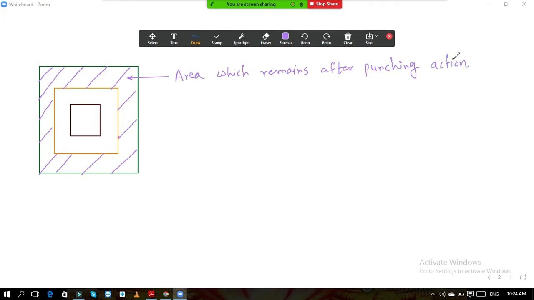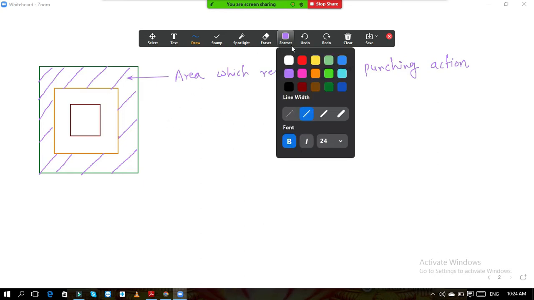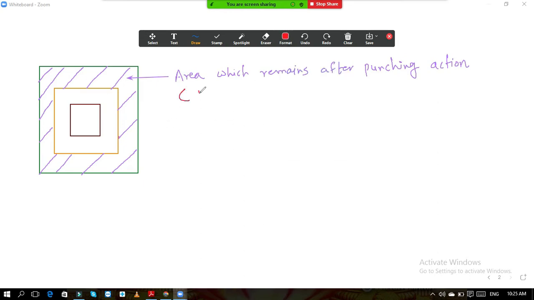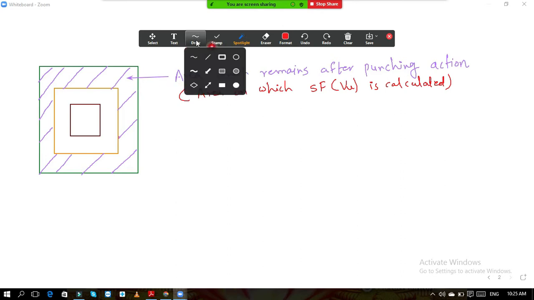So this area remains after punching action, and this is the same area on which the shear force VU is calculated, because this area will remain. Okay, this other area will get punched, so this is the remaining area, so we will calculate the shear force on the remaining area.